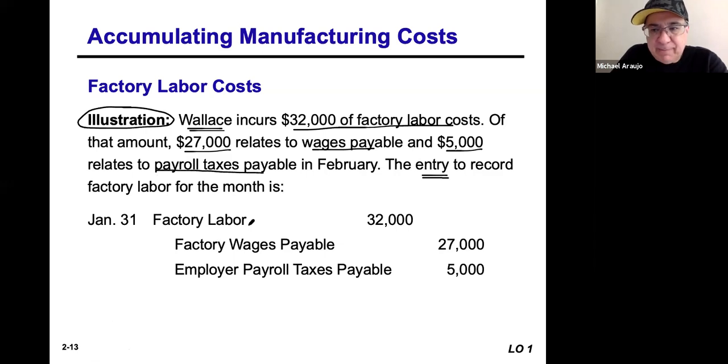So this acts like an asset account, more factory labor. But we also have two liability accounts. Factory wages payable on the credit side means more liabilities. And so these two are on the credit side showing more liabilities. Factory labor is on the debit side showing more of this particular asset. Okay.